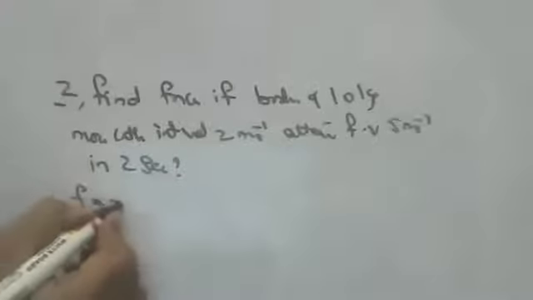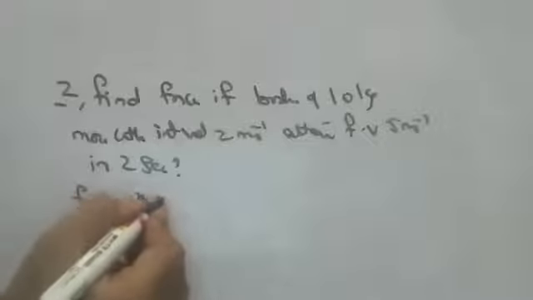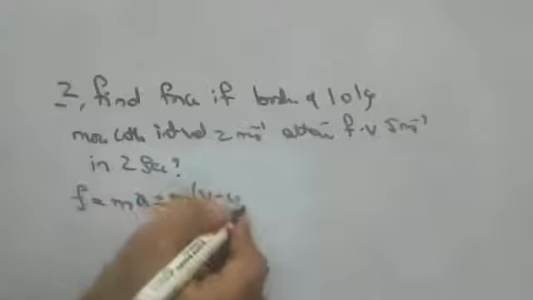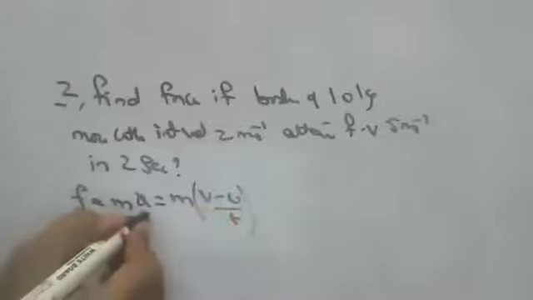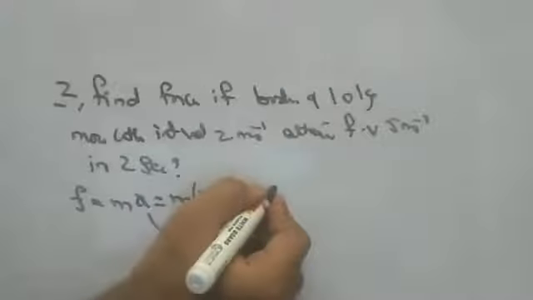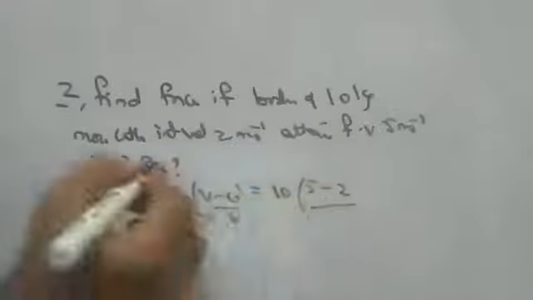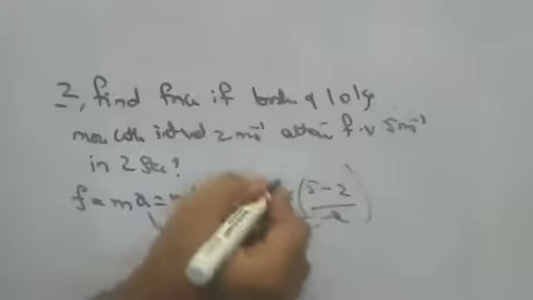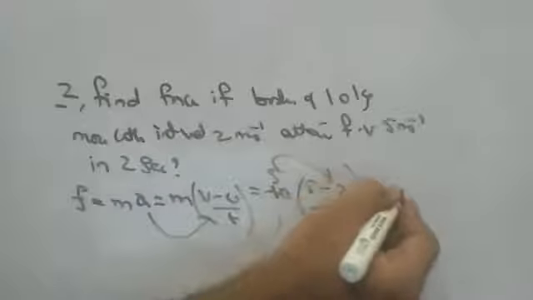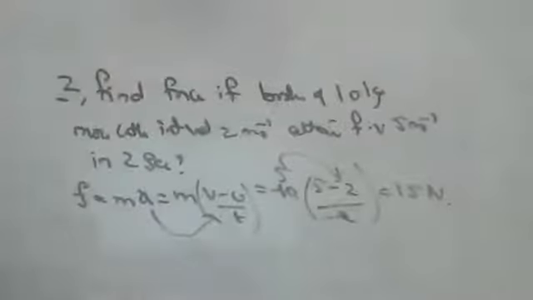Like this also they can ask. So children, we know F is equal to m a, that is m (v minus u) by t. Acceleration formula, never forget, v minus u by t. So 10 kg, v is 5, u is 2, time is 2. 2 5s are 10, 5 3s are 15. 15 Newton is the force.